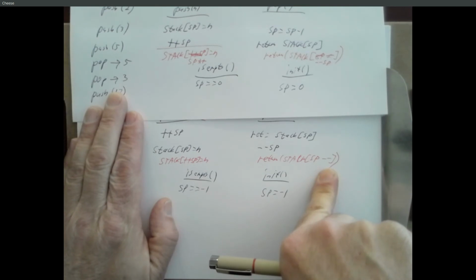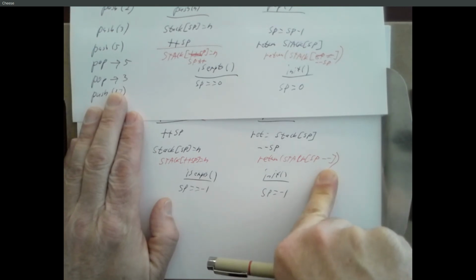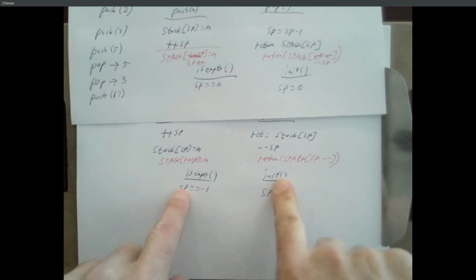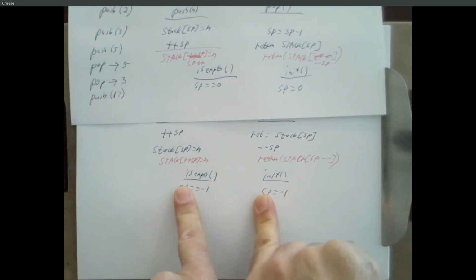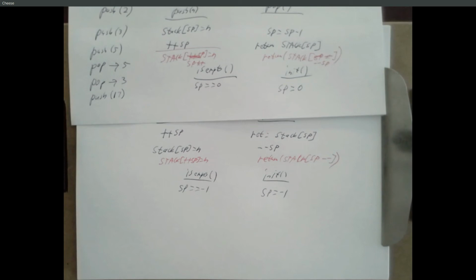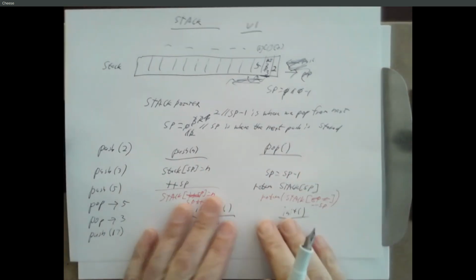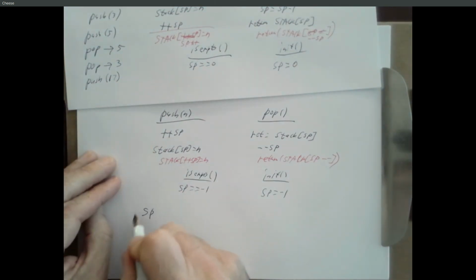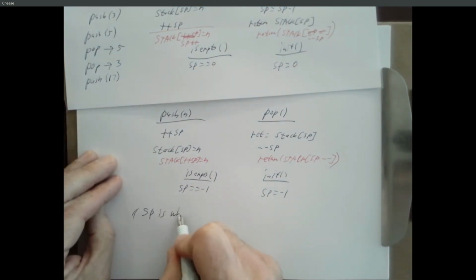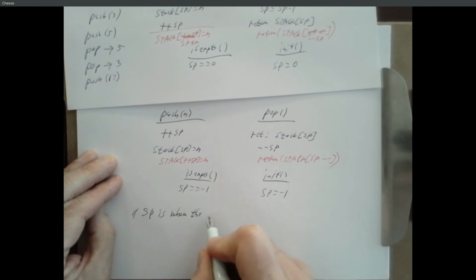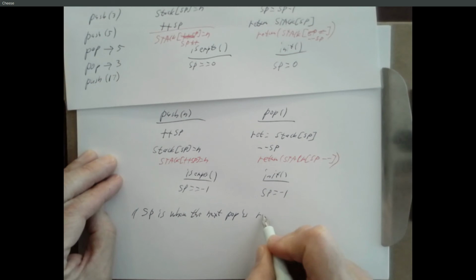They're equally good. They're just different. This is actually what a PIC processor does, I think. But the interpretation of stack pointer is different. So up here in version 1, stack pointer is where the next push was going to be stored. Down here, stack pointer is where the next pop is read from.